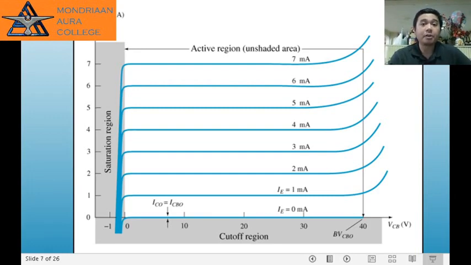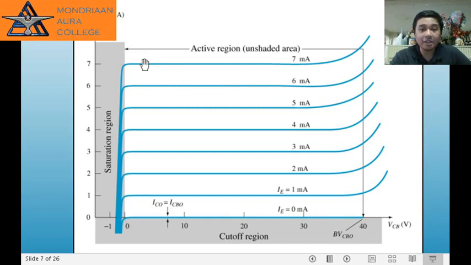By properly biasing our BJT. By the way, biasing means the application of the DC voltage dun sa ating terminals ng ating semiconductor material. Etong part na to, yung white region na yan, yan ang tinatawag na LAR or Linear Amplification Region or otherwise known as the active region.